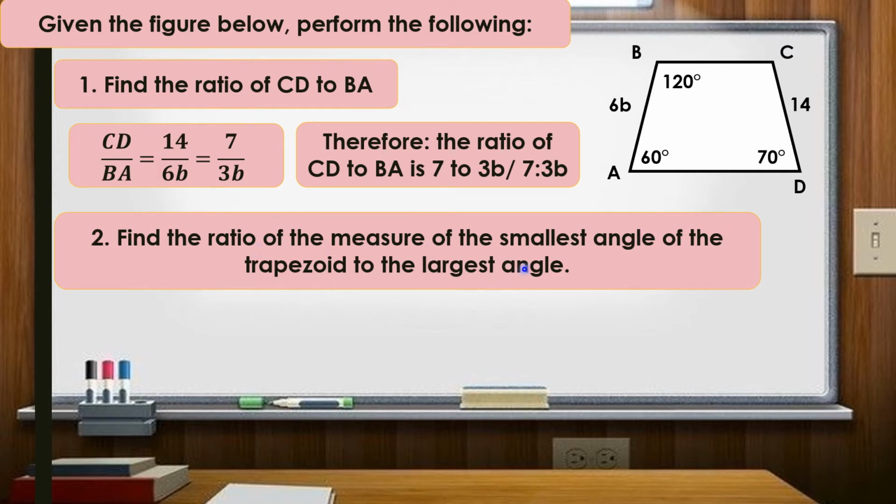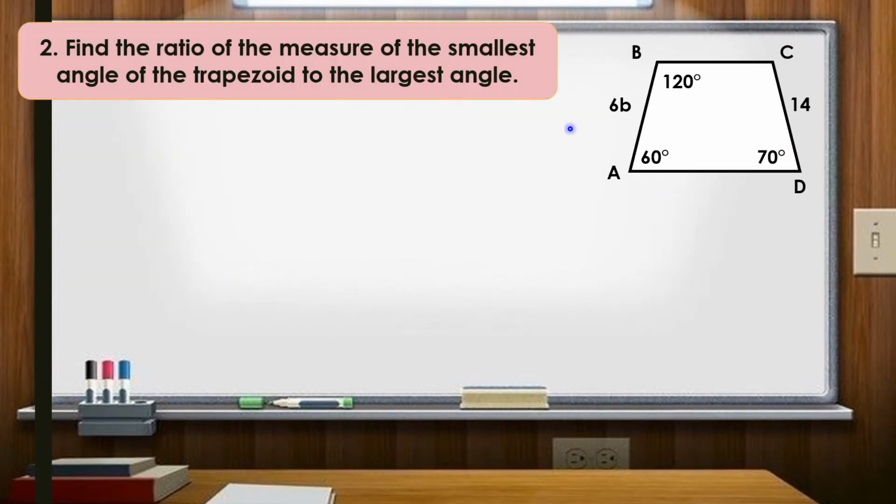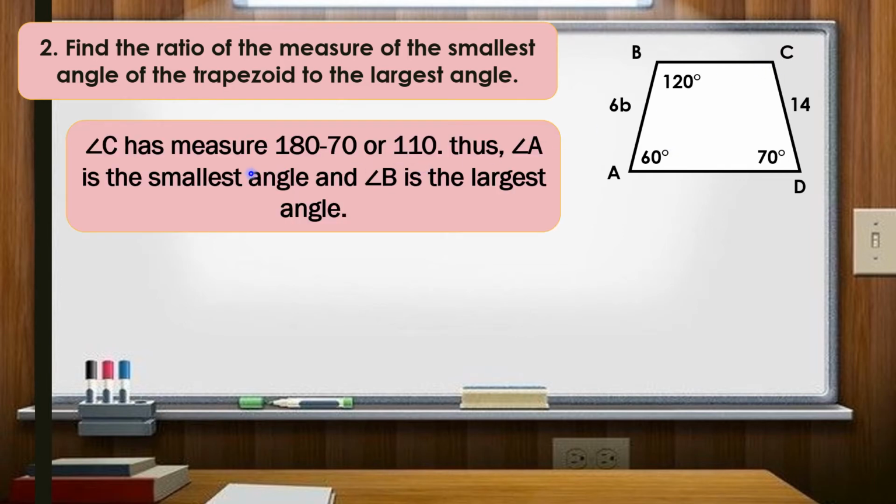Find the ratio of the measure of the smallest angle of the trapezoid to the largest angle. Same figure. The smallest angle here is 60 as of now. Before that, we must first know angle C. You subtract 70 from 180, so angle C is 110.